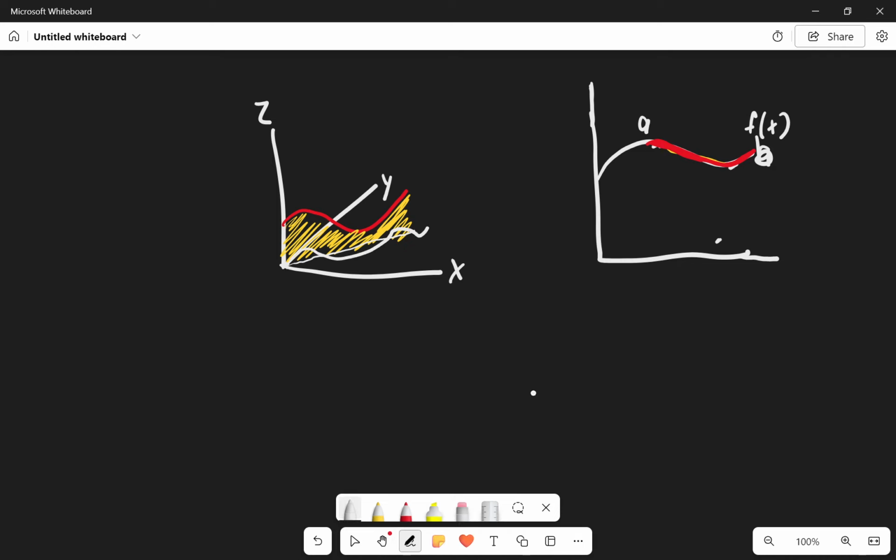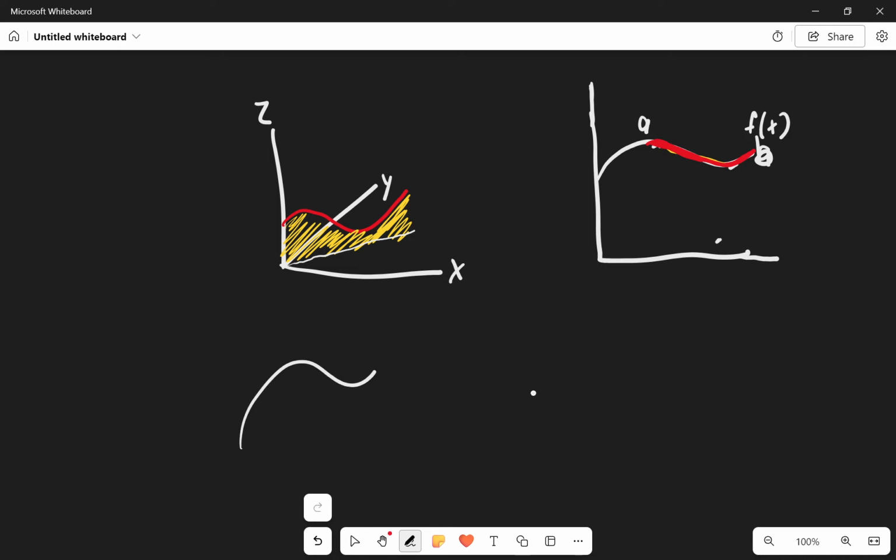It could be curvy, but I'm going to draw it like this. Let's say we zoom in on this line, and here we have this curvy line, right? And let's say this is s. Here we have the x-axis, and here the y-axis, zoomed in, remember.